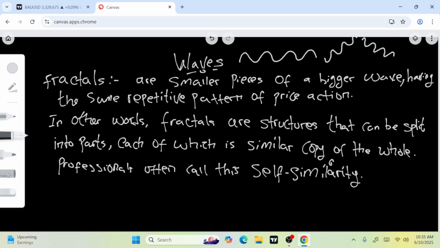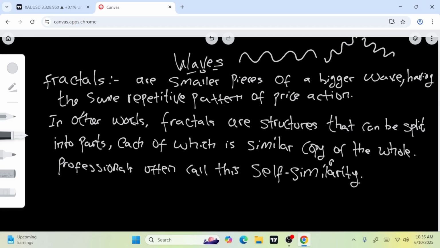Now, fractals are smaller pieces of a bigger wave. This is just a layman's understanding. Having the same repetitive pattern. Don't forget the same repetitive pattern, which is also with what? Similar copy of the whole. Now, the whole means a bigger wave. Is that not so? If you don't understand this effectively, you should get further explanation of what this means.